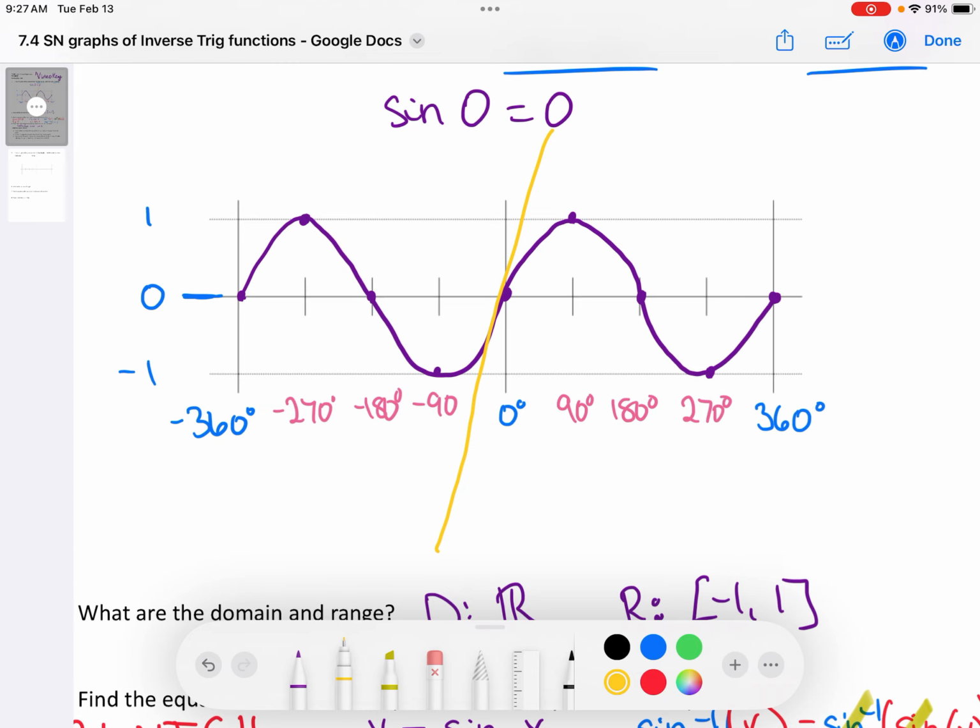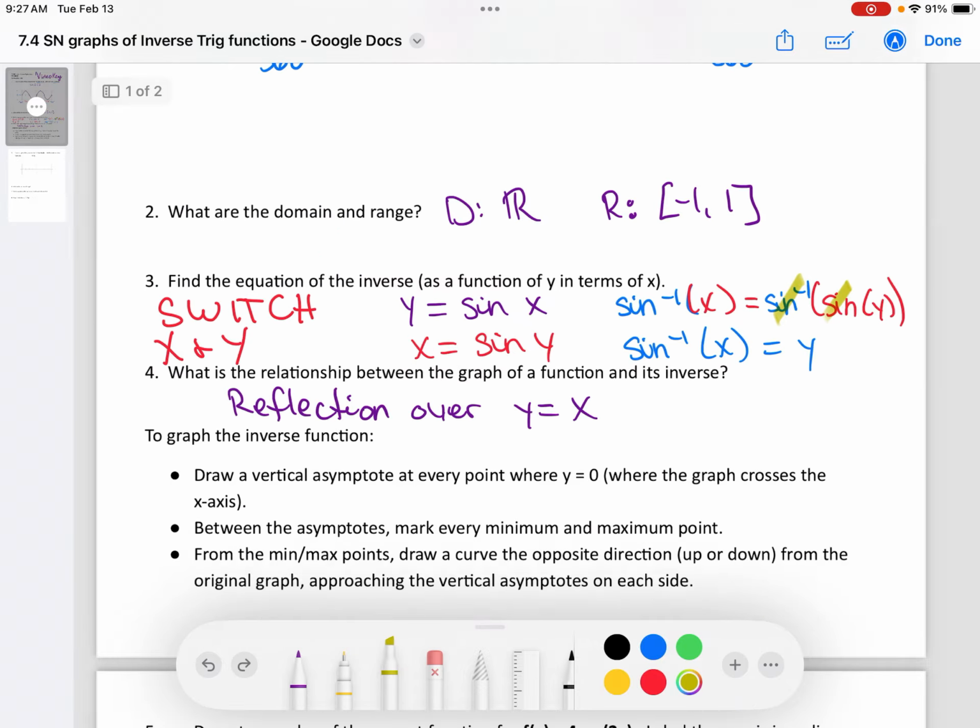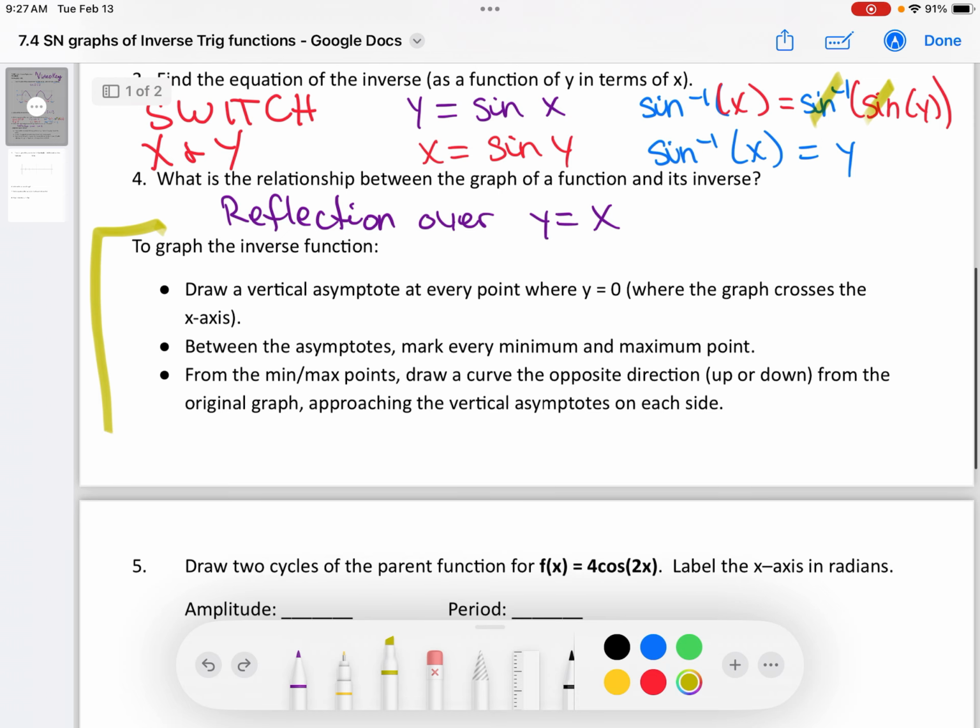Our x-axis goes from negative 360 to positive 360. Actually, it's infinite. So it's not as straightforward of a reflection as we're used to. So here's how we do this. Here are the steps to graphing the inverse function.